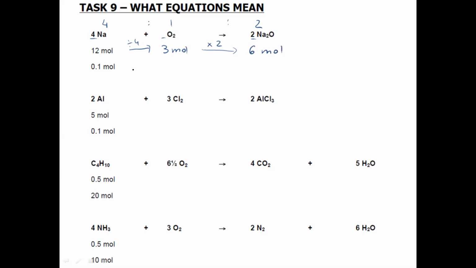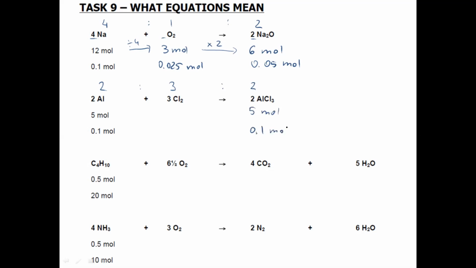We do the same thing because it's a proportional relationship here for 0.1. 0.1 divided by 4 gives you 0.025, and then times 2 gives you 0.05 mole. Okay, in the second example, the ratio is 2 to 3 to 2. So 2 to 2, you can see that is the same as 1 to 1.